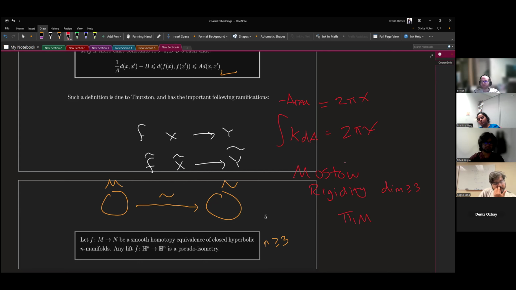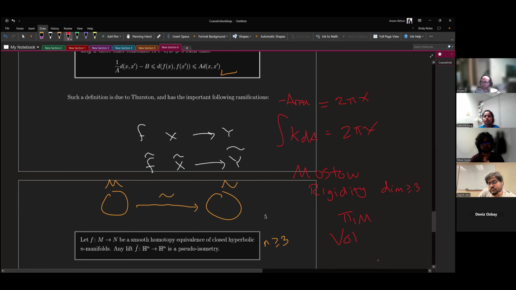This is basically the same thing. Mostow rigidity says even further in higher dimensions. So first of all, you still get volume as a topological thing, but now everything is topological as well that you could want about the geometry of your surface. And in particular, your question about smooth homotopy equivalence. Well, if you have a homotopy equivalence, that's going to induce an equivalence on pi 1.